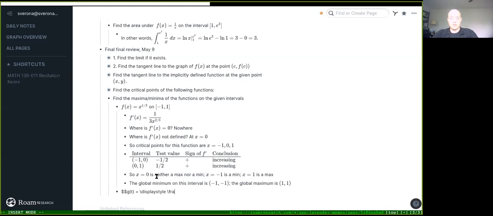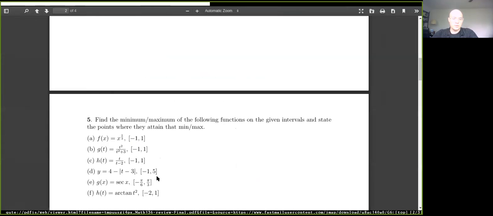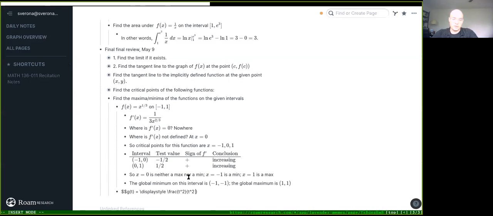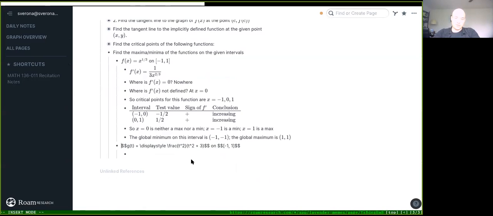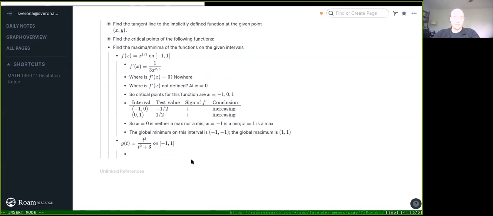So that's going to be t squared over t squared plus 3. And that's going to be, again, on the closed interval -1 to 1. And let me outdent that. There we go.